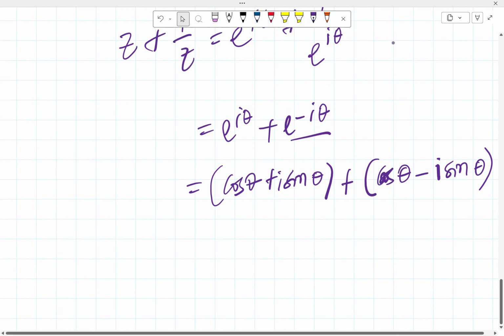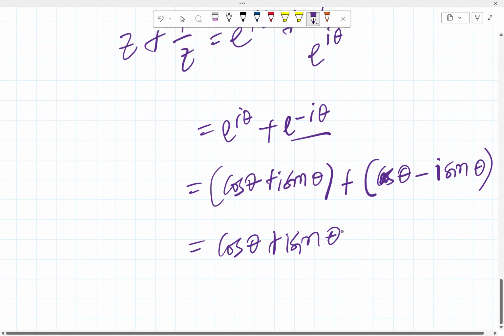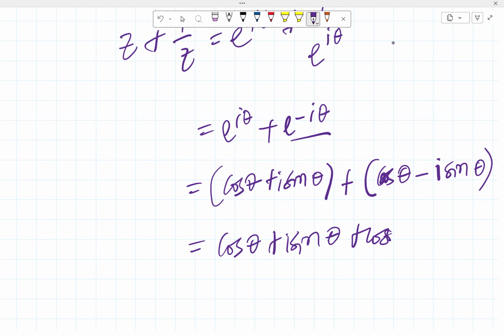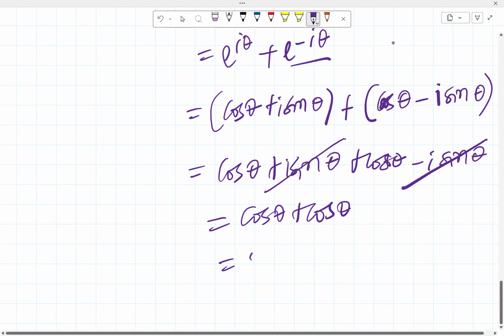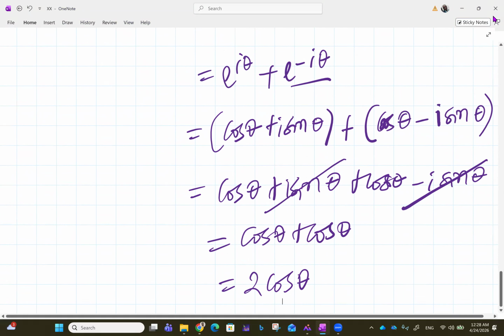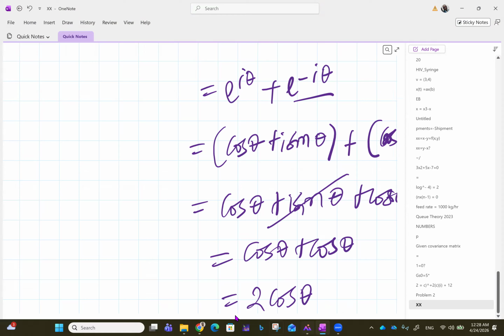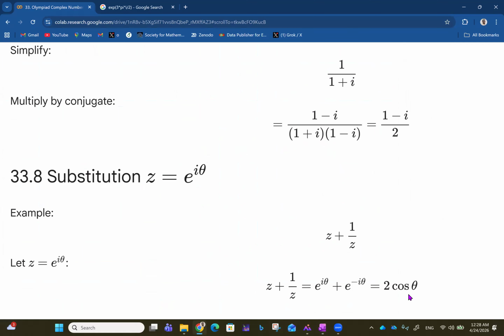If we expand that, we have cos theta plus i sine theta plus cos theta minus i sine theta. So this cancels this, we just have cos theta plus cos theta, and that simplifies to 2 cos theta. And that is exactly why we have 2 cos theta right here.